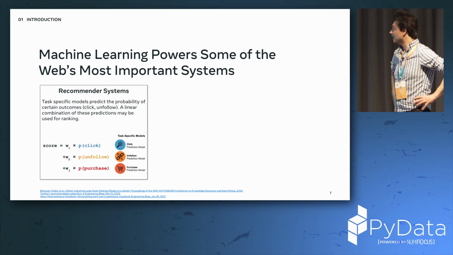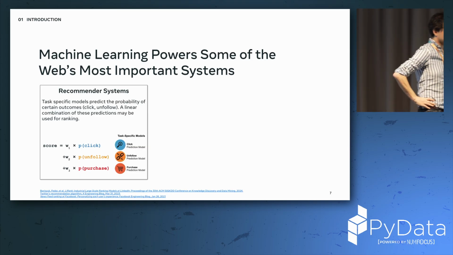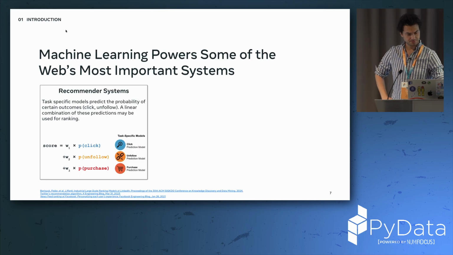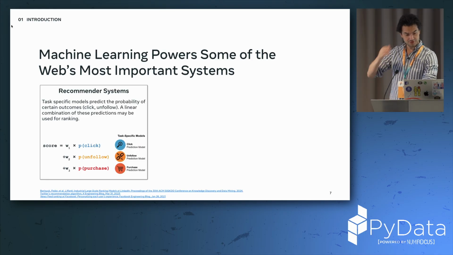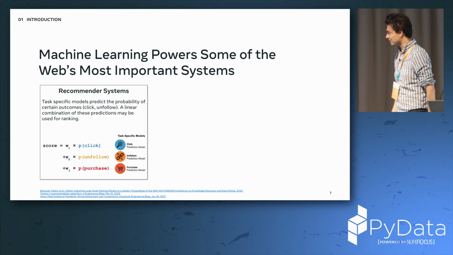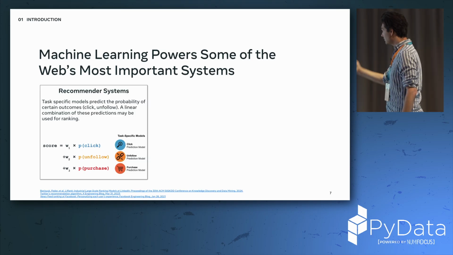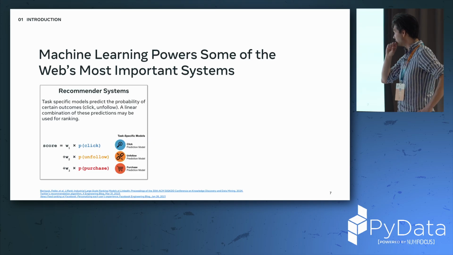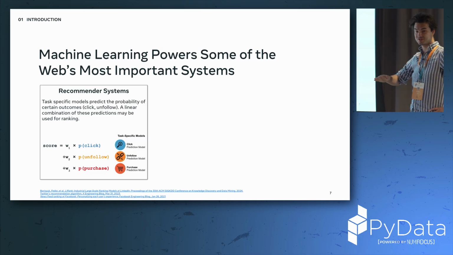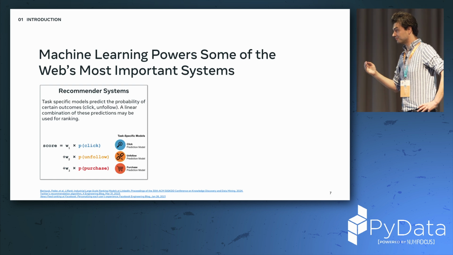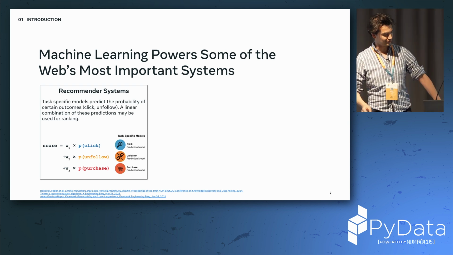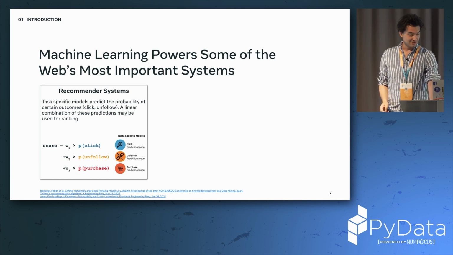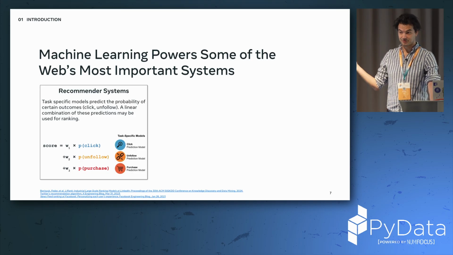So yeah, a couple of applications of machine learning in user-facing systems. One obvious example is a recommender system. For example, in Facebook, we may want to rank posts for users who load the website, and we may want to optimize for different criteria here.